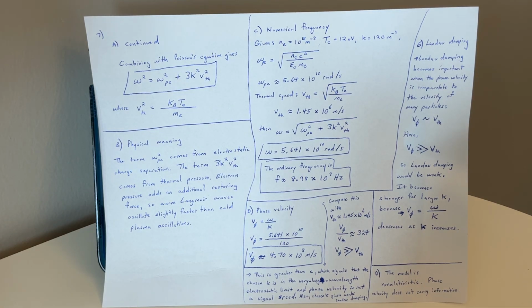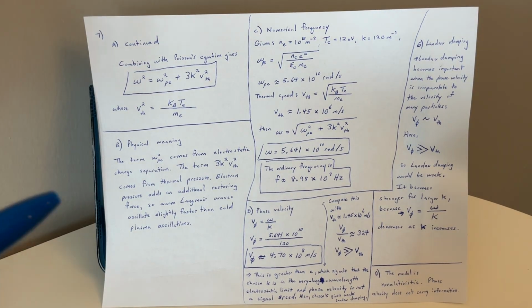So we derived the Bohm-Gross dispersion relation. That omega squared is what we were looking for. The Bohm-Gross dispersion relation. So, part B.